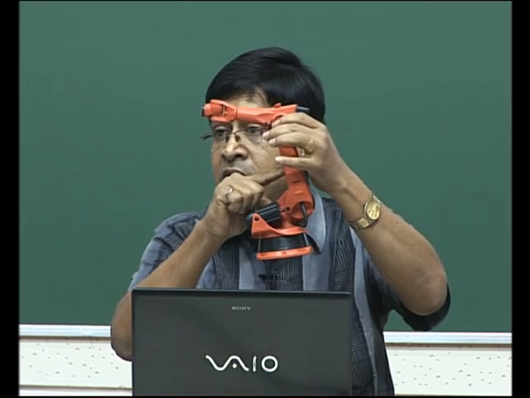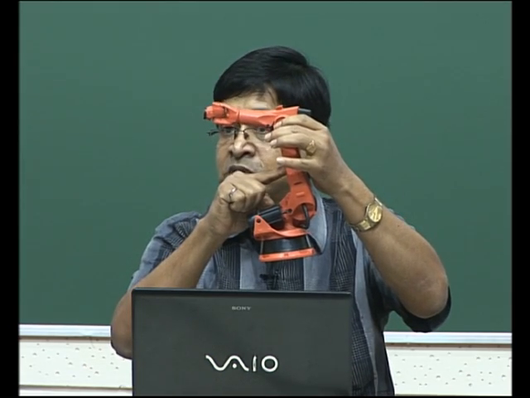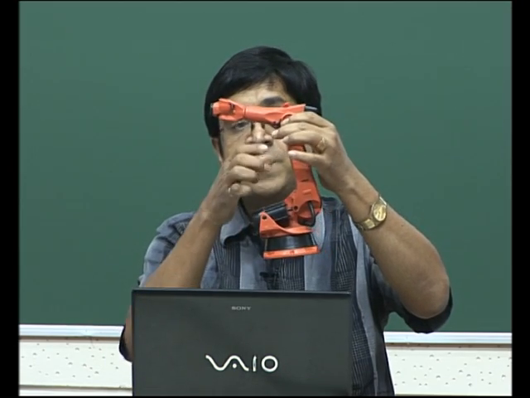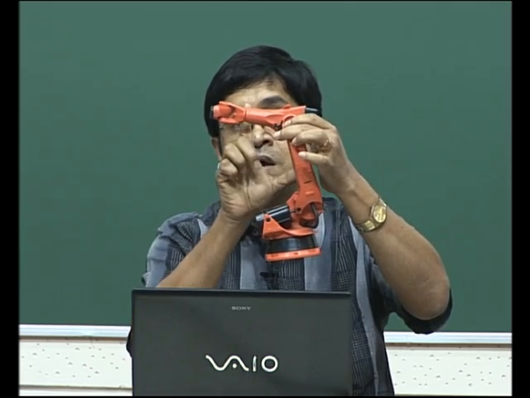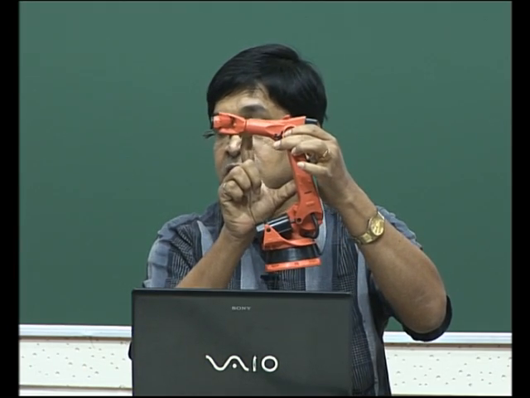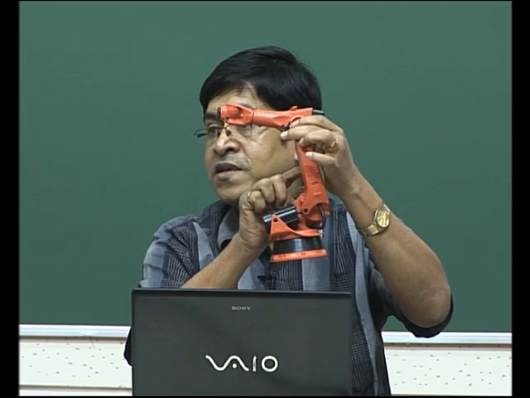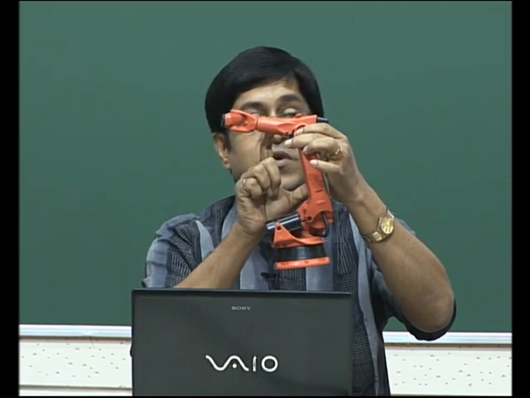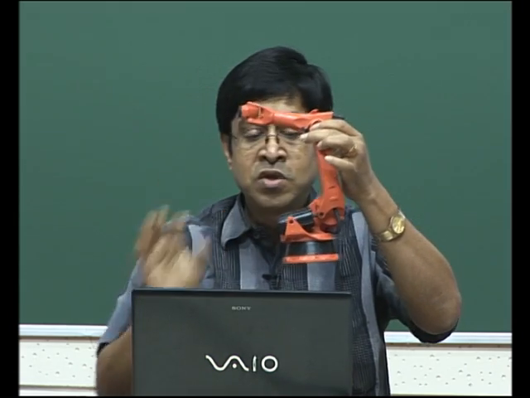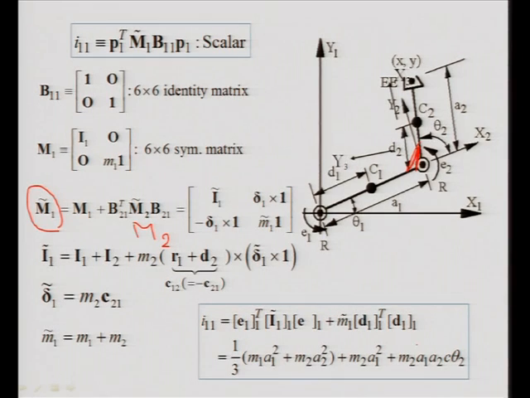I had M1, the inertia tensor of this body and the mass of this body. M1 tilde means the total mass and total inertia calculated about the mass center of this point. That is why we call it a composite body. Composite body means I have welded these two and they become one body now. So, M1 tilde has this meaning.